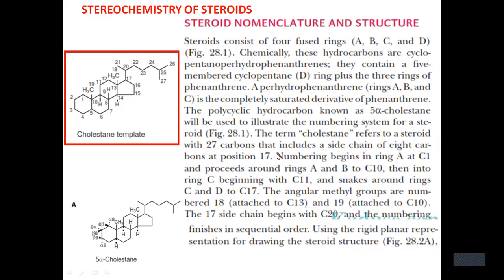If it is C17 alpha, then it has some attachment at the 17 alpha position. If it is C20 alpha, the 20th position has some attachment at the alpha position. So this is the explanation of what I have discussed in the previous few minutes.